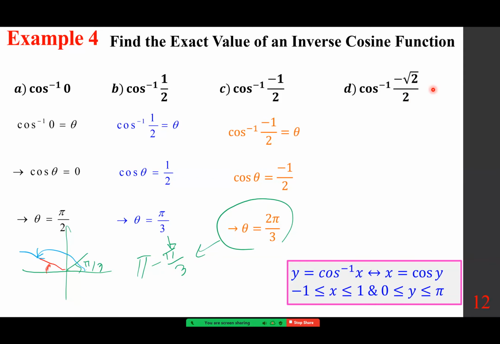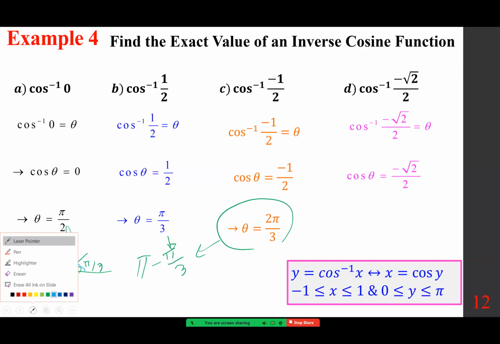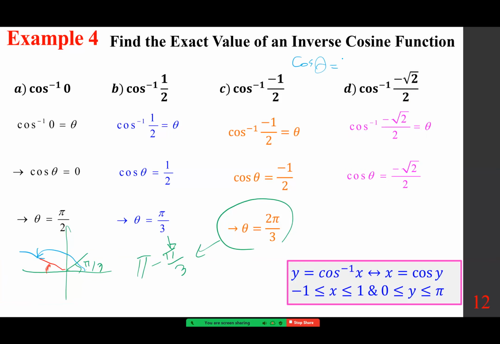All right, we do the same thing here. We set this equal to theta. By definition of an inverse function, cosine theta is negative square root of 2 over 2. Again, just to figure this out, I want you to remember that if cosine is square root of 2 over 2, theta is pi over 4, which makes pi over 4 the reference arc.